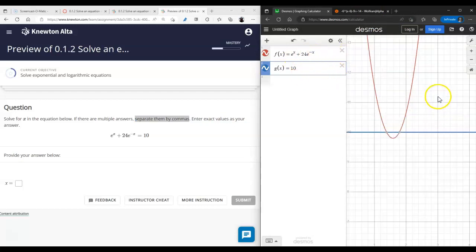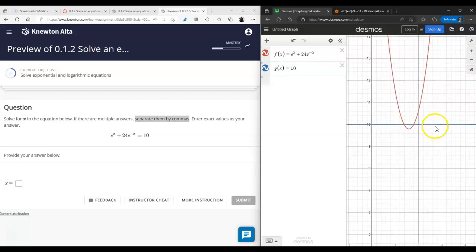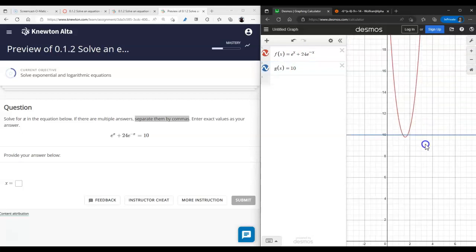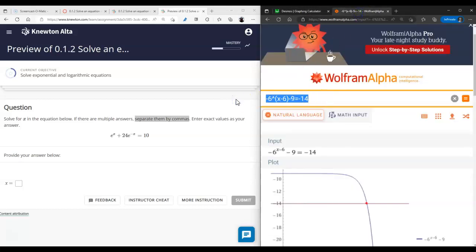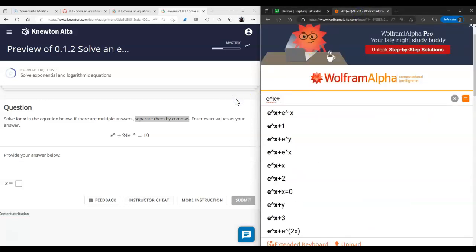Well, this is an exponential function, right? So it's probably going to have some natural log and maybe radicals. But again, what we learned right away from graphing it is that there are two solutions. Now, if we want to actually find both solutions, let's do this.